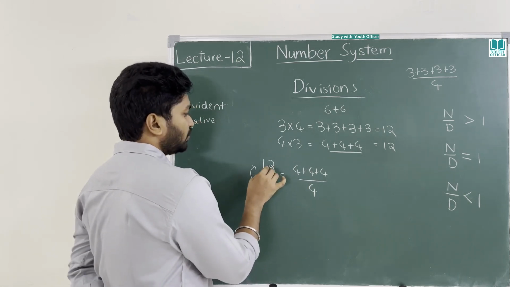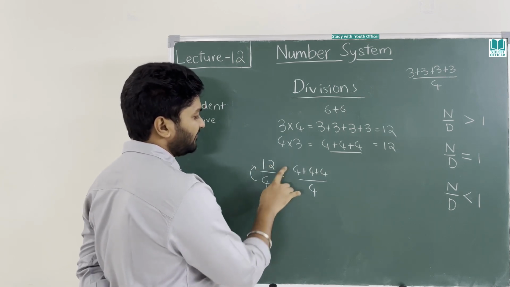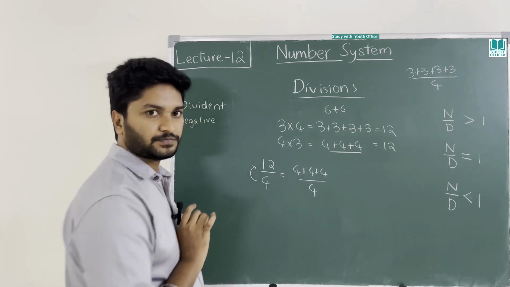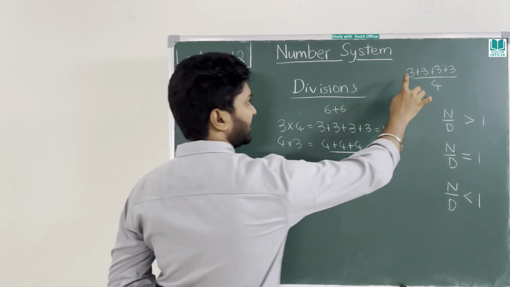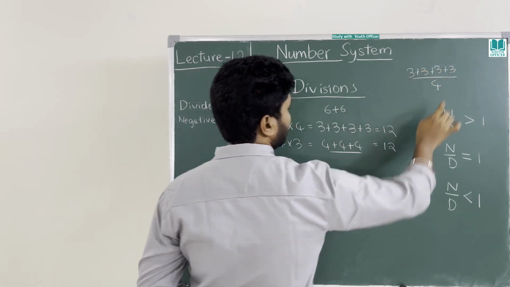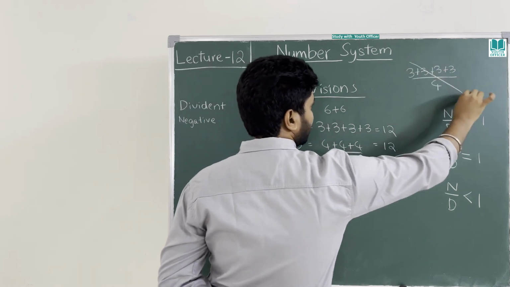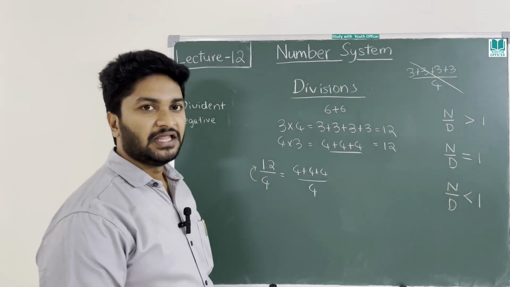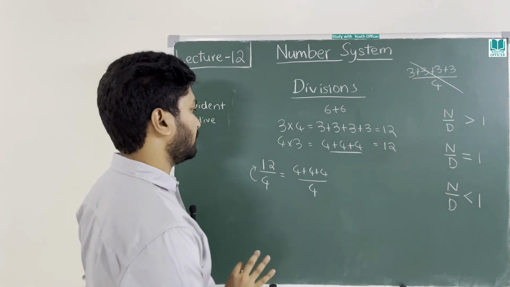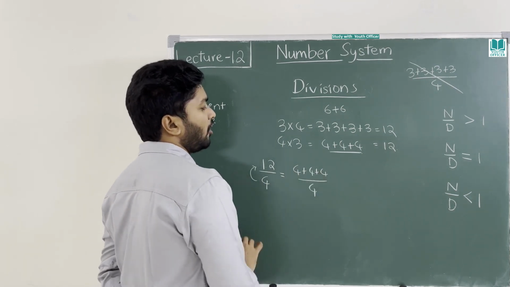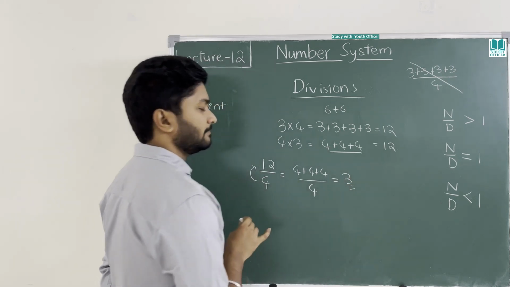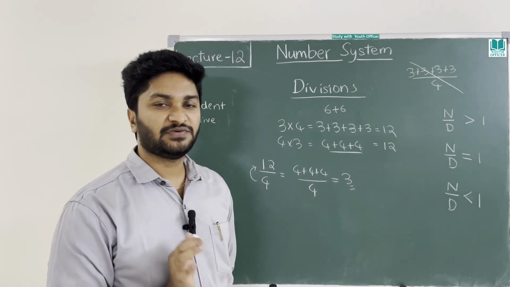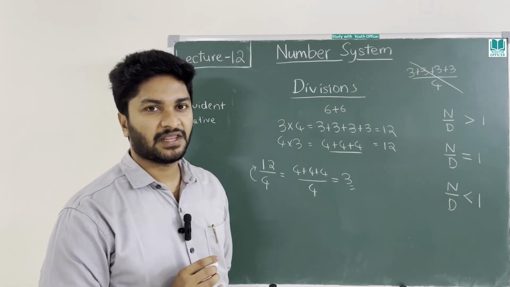Then 12 has to create a family which may look like 4. That family is 4 plus 4 plus 4. It also can create 3 plus 3 plus 3 plus 3. But 4 doesn't care about 3. They are not the family members of 4. Only 4 plus 4 plus 4. How many are there? 3. That's the answer.